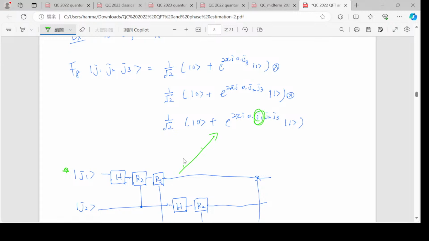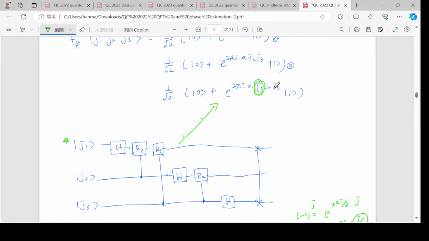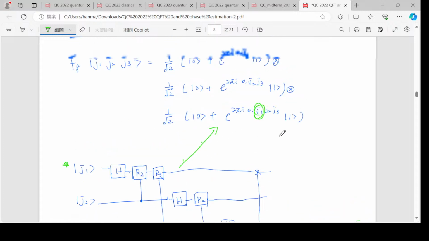So if you turn J1 into this complicated thing, then you don't need to know J1 anymore. And on those parts you don't really touch J2 and J3 because you are only doing control on it. So you turn J1 into this weird thing, and so basically you forgot what J1 is.